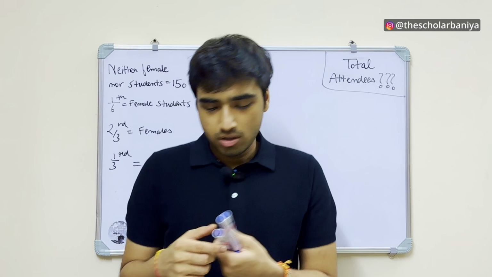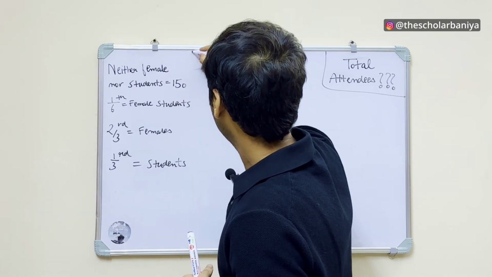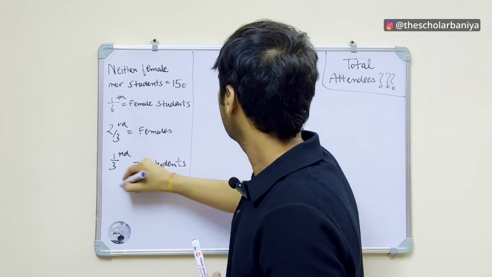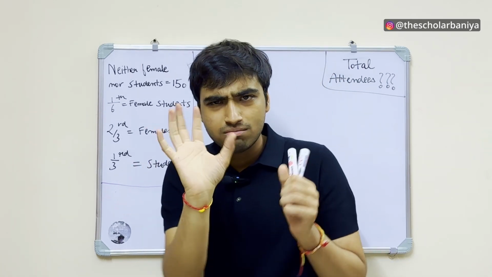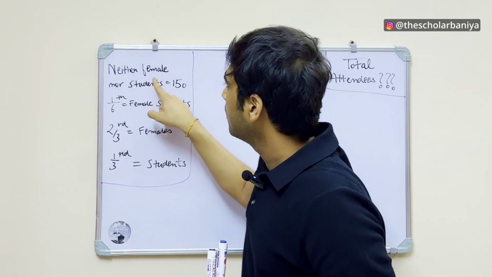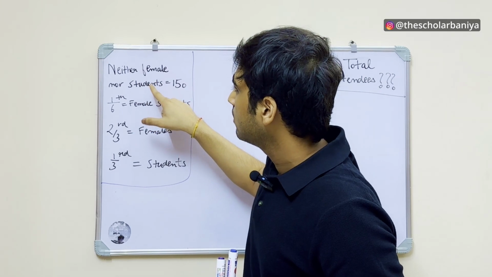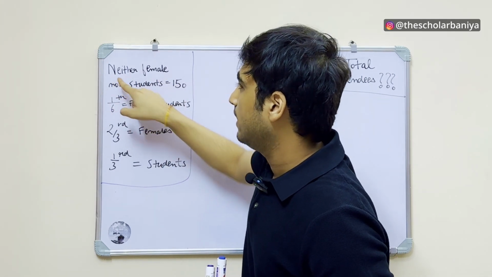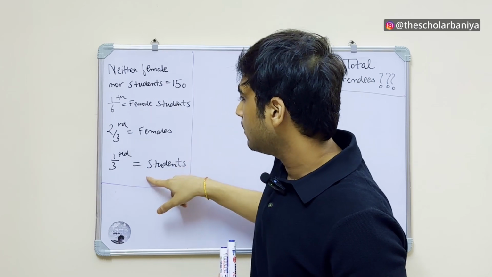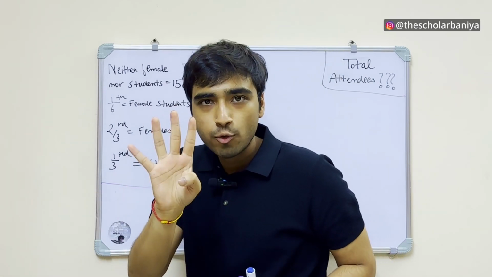So now, the way we can move forward with these kinds of questions is that, if you see, there are mainly four things involved: female, not female, student, and not student.